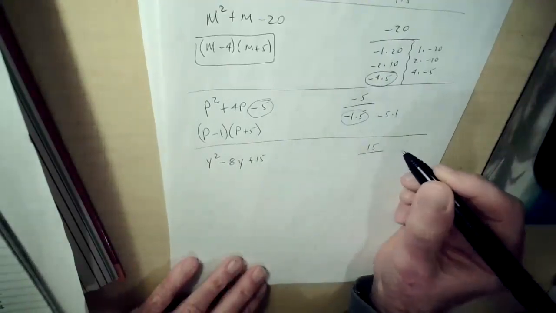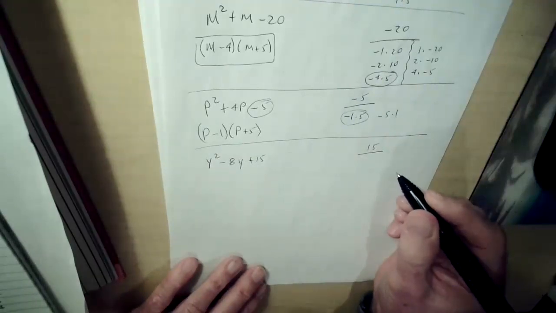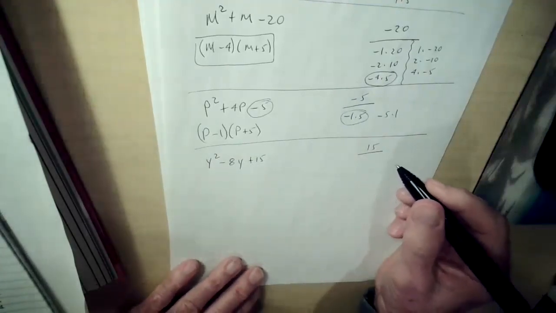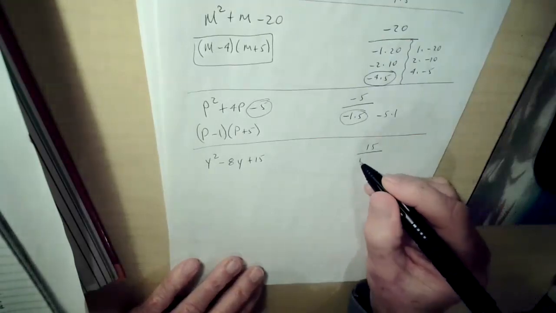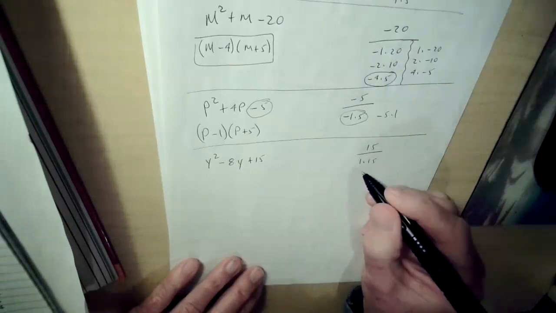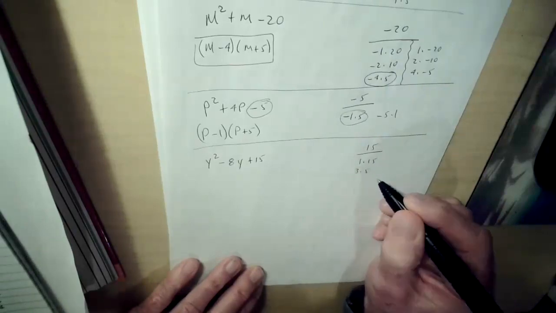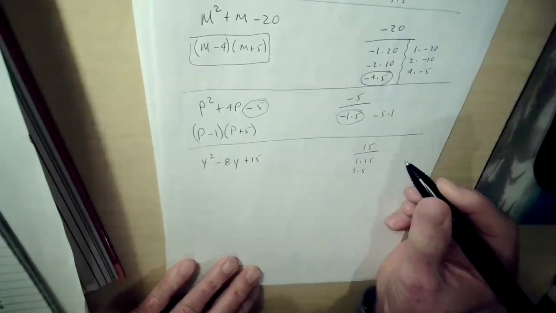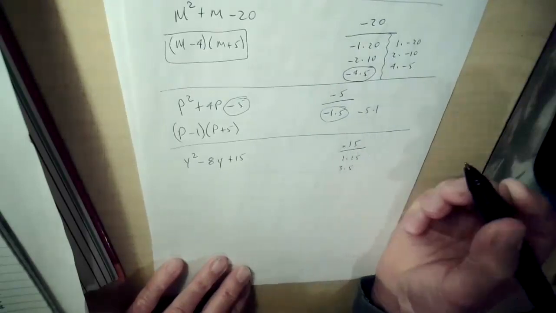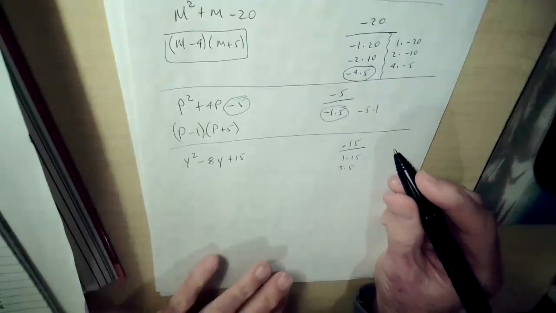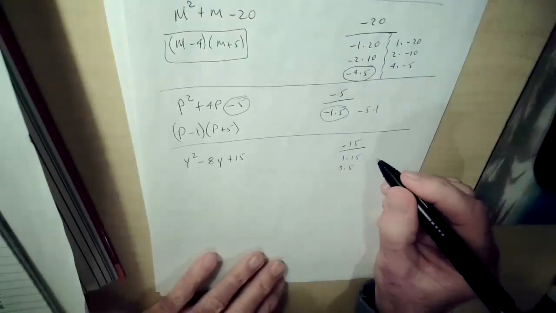Let's see. Minus 8y plus 15. Okay, we take the factors of 15. Now, what are the factors of 15? 1 times 15, 3 times 5.